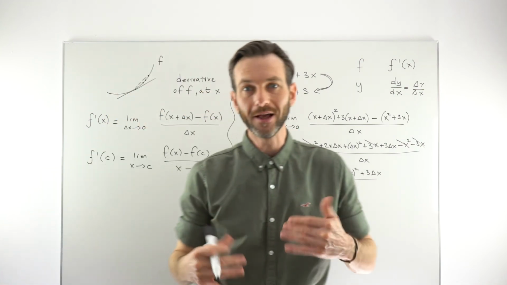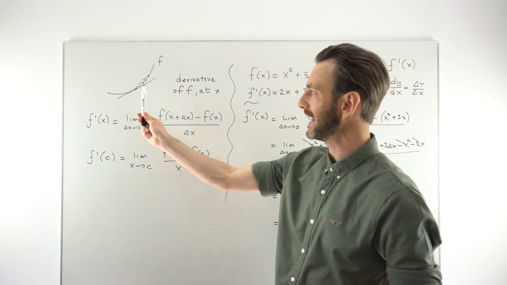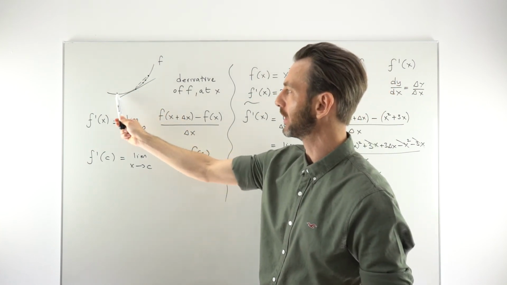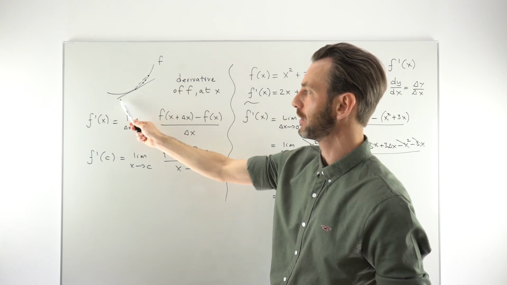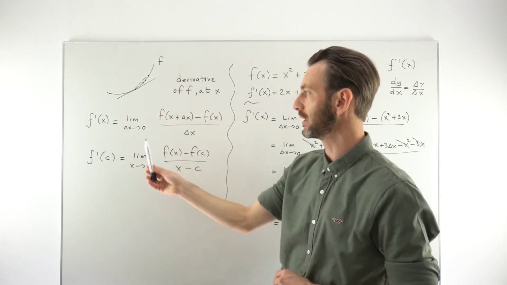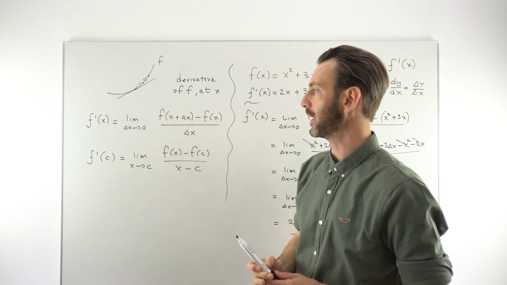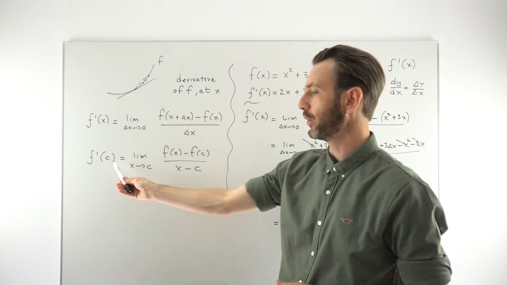So this class has essentially been about defining the derivative. We've extended this idea of the tangent line problem, figuring out the slope of that tangent line, to this definition of what we've called the derivative of a function at a point x or at a point c.